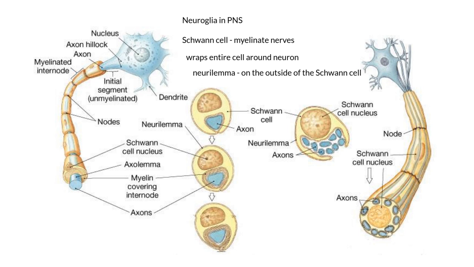And you can see that in the diagrams here. As the Schwann cell wraps around, see how nice and tight it's wrapping that myelin? But it's a cell, so it's going to have things in it, a nucleus, mitochondria, cytoplasm, all these things that are going to start to get pushed to the outside as the cell is tightly wrapping around it. And so the outermost layer of that is going to be what's called our neurolemma. And that's something different than what we see in the central nervous system.